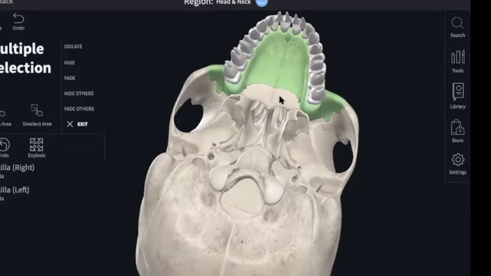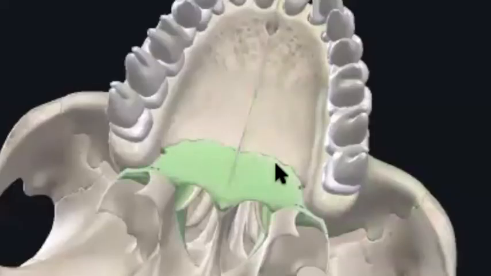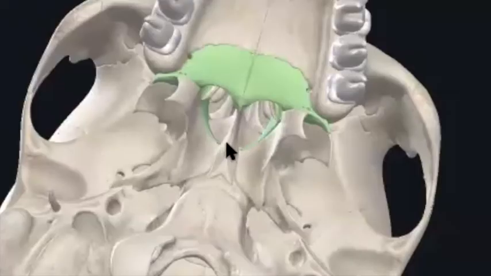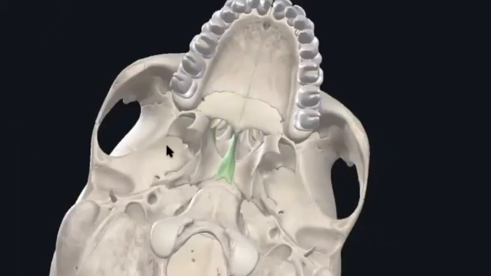And that articulates with the palatine bone down here, which you can see the inferior surface of this region here called the horizontal plate. And then that joins up. There's a little bit in the middle here where you can see the vomer, right? The inferior portion of the vomer, which is going to form that midline structure in your nose.